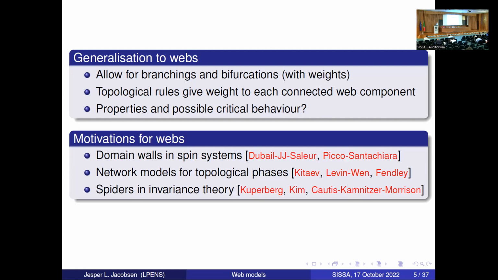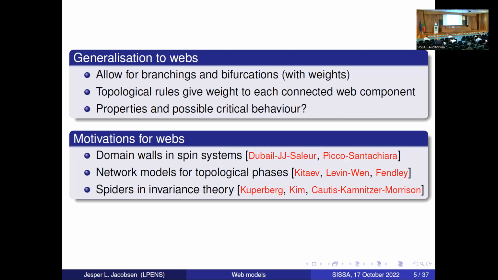And the motivation for doing this is that in certain spin systems, if you follow domain walls, for example, in a three-state Potts model, if you have three colors, a natural domain wall is separating two different colors. But if you have three colors, you could imagine that this wall will separate to take into account the third color as well.